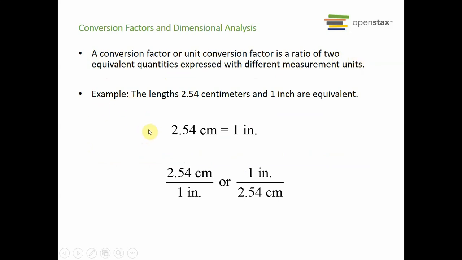So the way you make a unit conversion factor is you take a true statement, in this case 2.54 centimeters equals 1 inch, and you divide both sides either by 1 inch or by 2.54 centimeters, and you get a quantity that has a value of 1, because anything that's the same value divided by itself is 1. So this is a unit conversion factor, and this is a unit conversion factor.